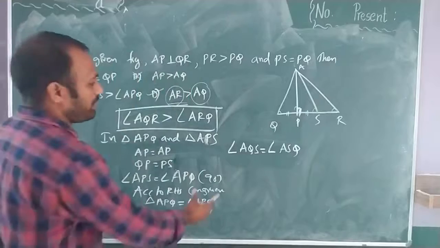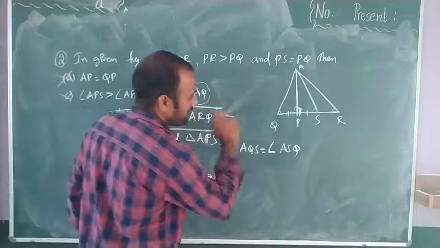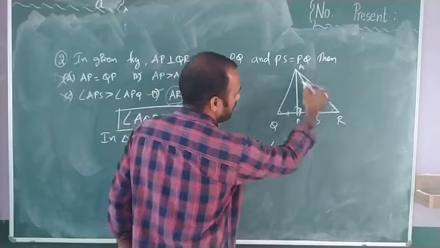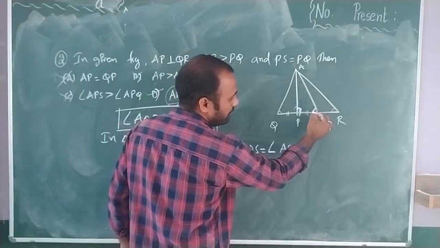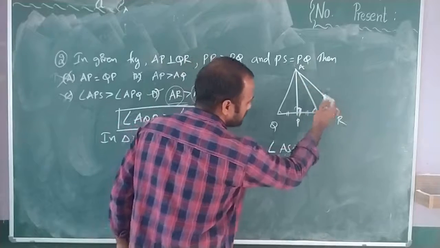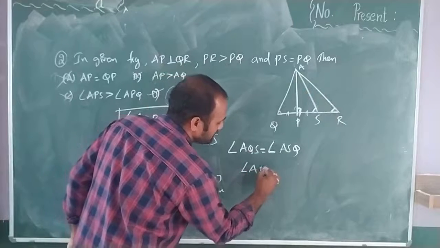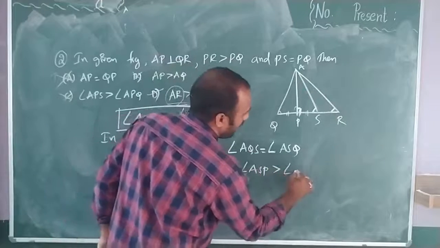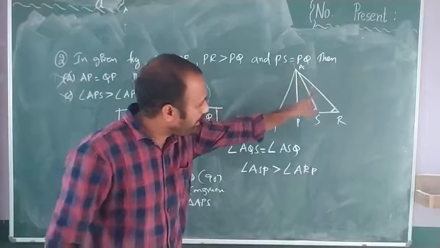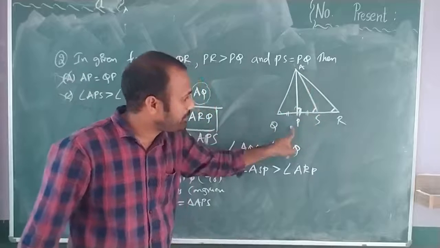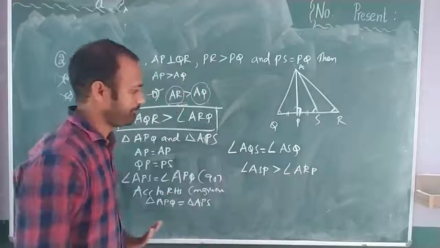Now, angle AQS is equal to angle ASQ. Whenever we draw a perpendicular line, the nearest angle will be more and the farther one will be less. So I can write here, angle ASP is greater than angle ARP. If you compare, angle ASP has more angle compared to ARP.